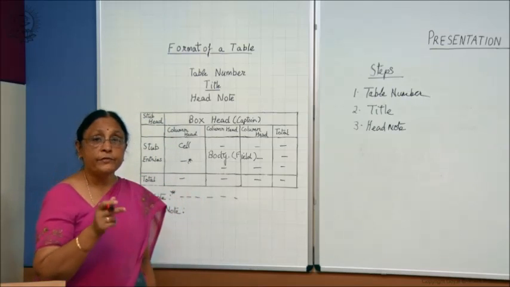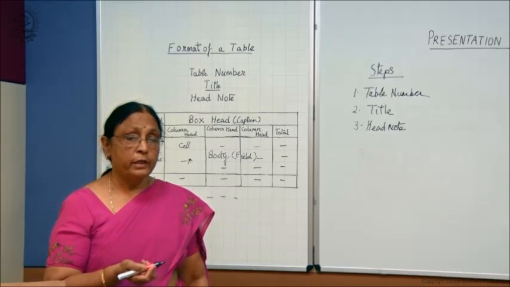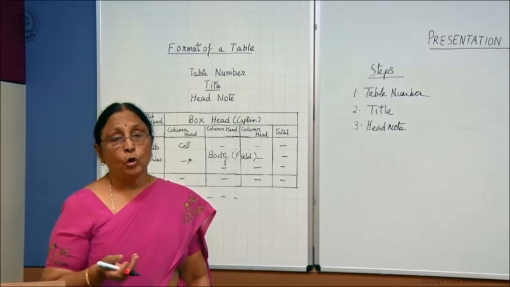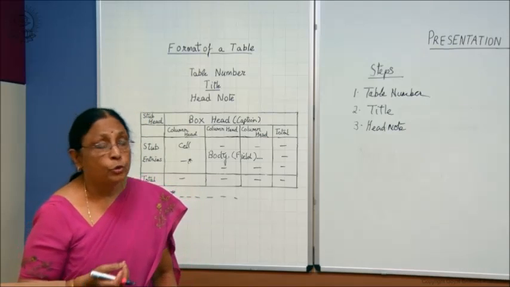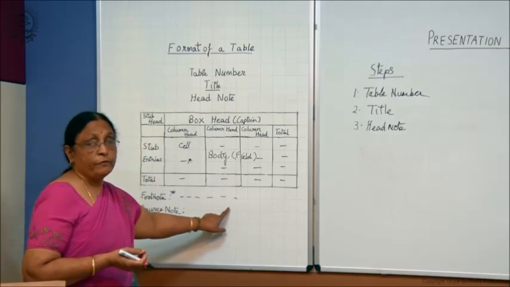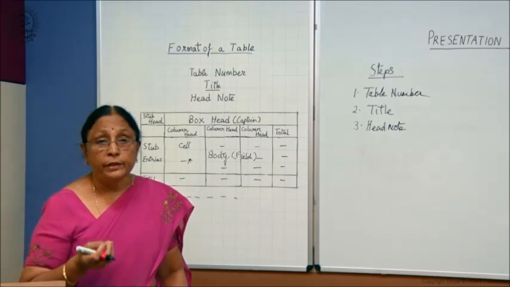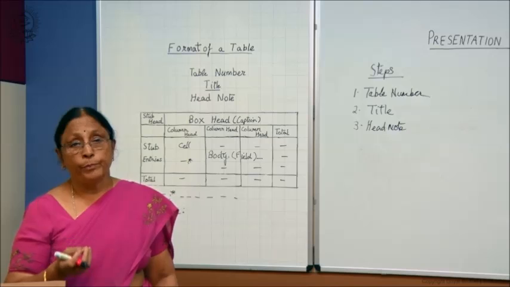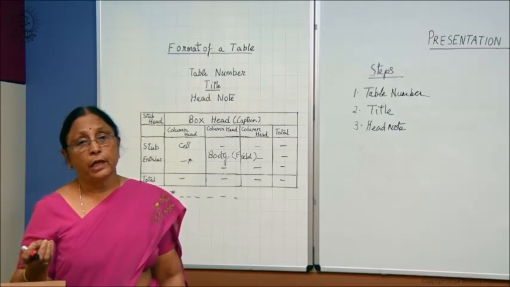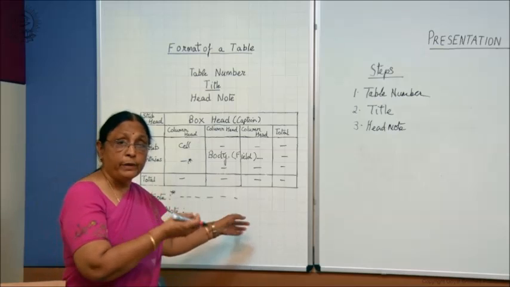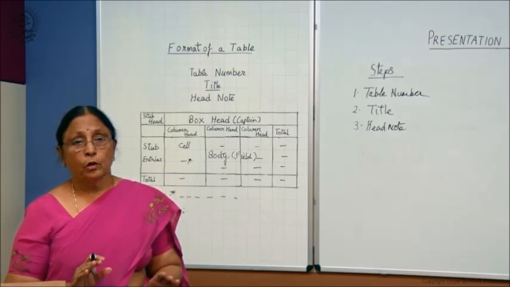But if it is secondary data, not the original one, and you have taken it from some magazine or economic survey, or gathered the data from a newspaper or any publication, then you have to specify from where you have taken the data. In this source note, you have to specify the page, the title, the table, all the details, so that anybody can cross-check it. Then only your table becomes authentic.